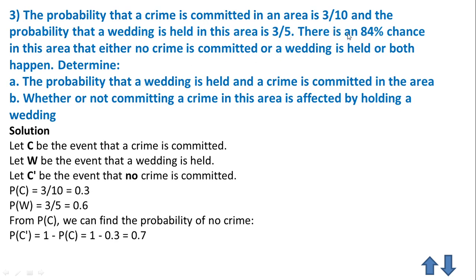They are giving us a percentage, 84%, that either no crime, that is C complement, or a wedding is held, or both happening. Now that is the union.